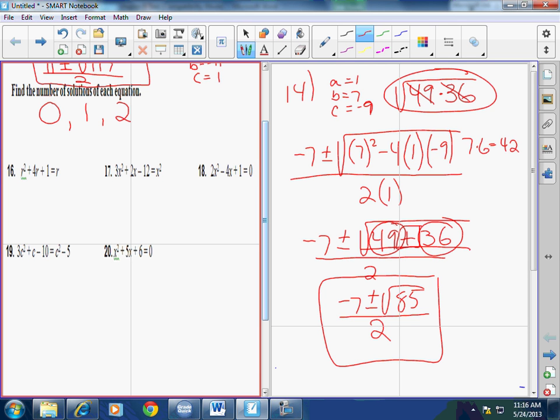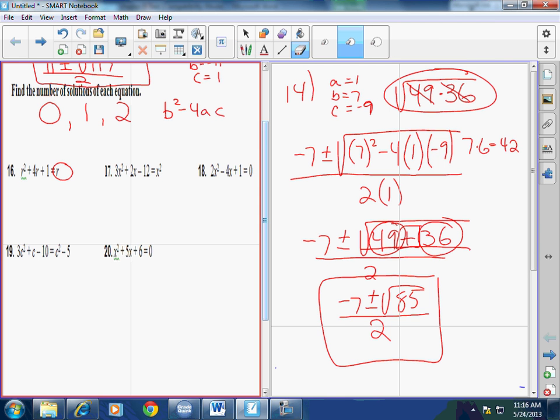And what do we use to determine that? The discriminant, which is simply b squared minus 4ac. Do I have to put it in a square root or do anything? No, just simply that.